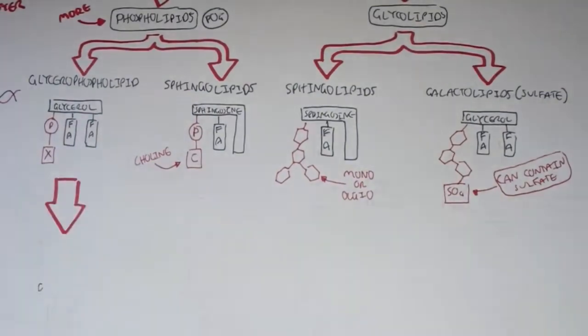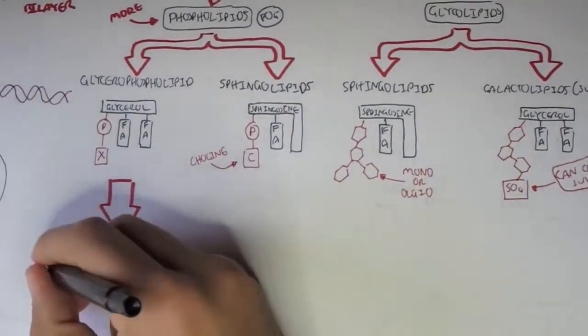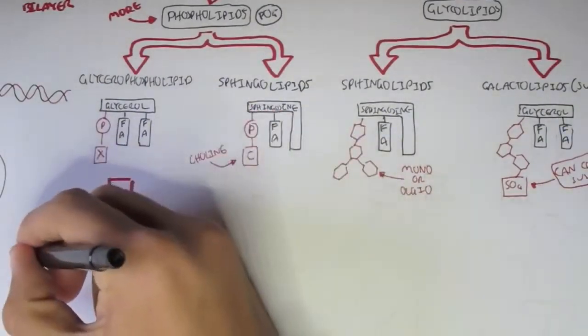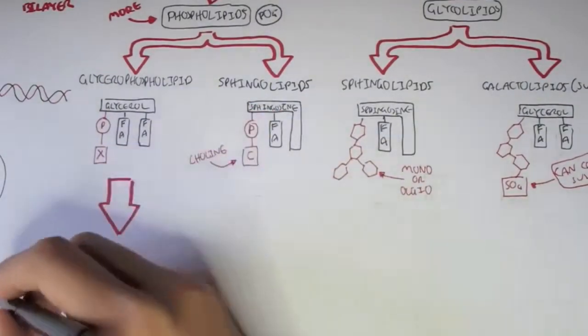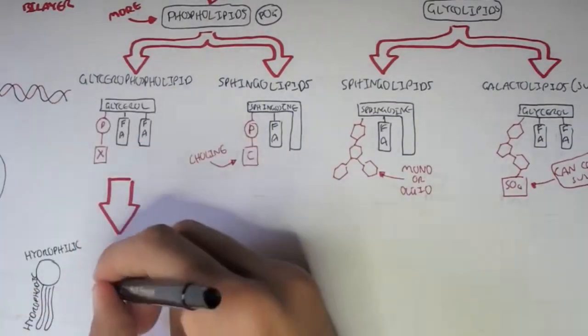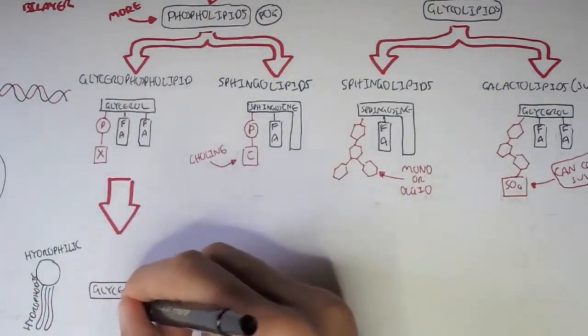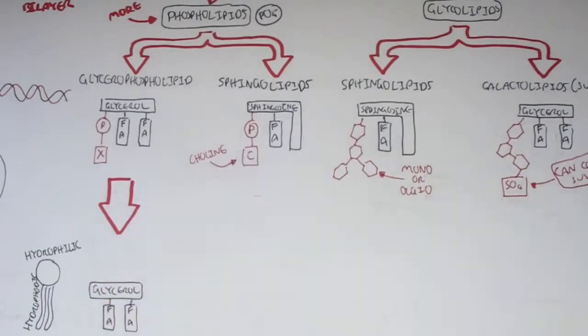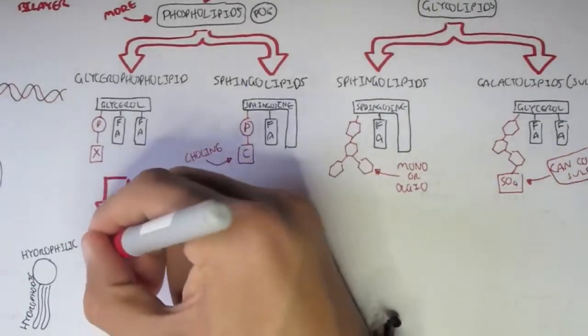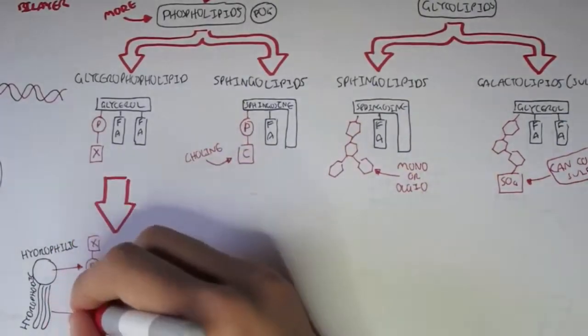The head group should be facing one way, and the fatty acid tail should be facing the other. So if we look back at one lipid membrane structure again, we know that there's a hydrophilic group, the head group, and a hydrophobic group, the hydrocarbon tails. Right? So if we look back at the glycerol phospholipid, we have the glycerol backbone, the hydrocarbon fatty acid tails facing down, and the head group, the phosphate, with the X facing up, facing the water.